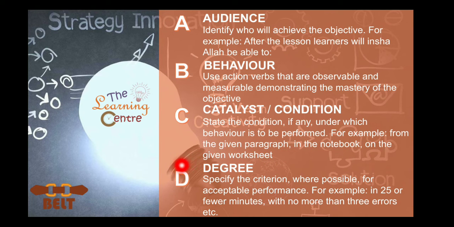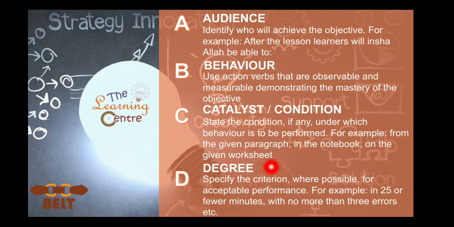Finally, D means degree. Specify the criterion, where possible, for acceptable performance. For example, in 25 or fewer minutes. So time can be one criterion, and with no more than 3 errors. So these two tell us the degree to which the objective has to be achieved.